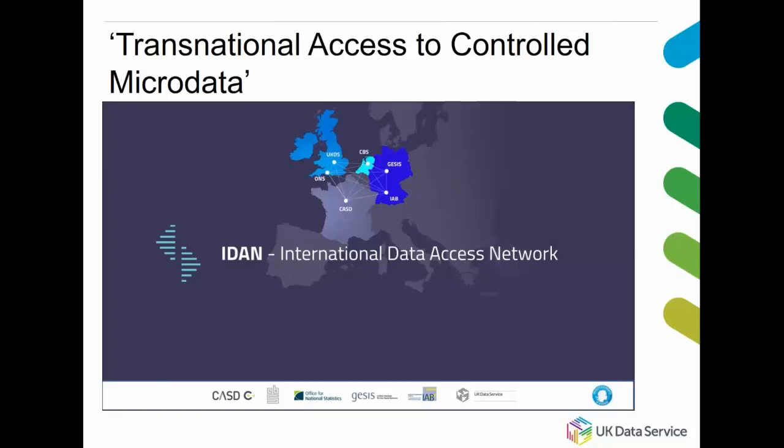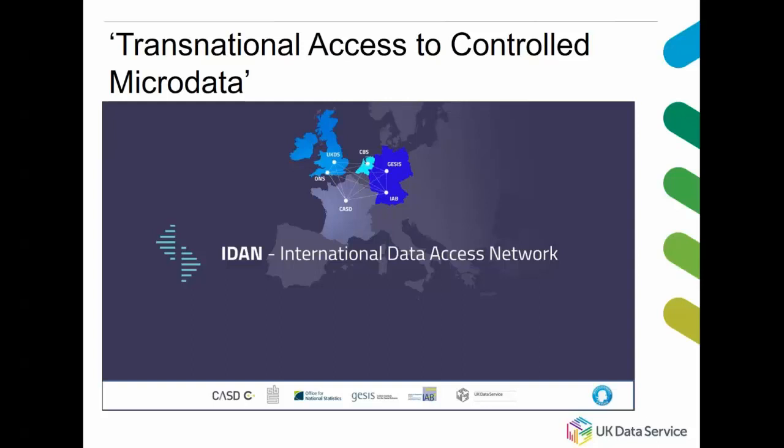I'm very pleased to say that this is due to our involvement in the International Data Access Network, IDAN, which was founded in 2018, and it is part of our project Transnational Access to Controlled Microdata. The next step will be to provide access to CBS data, so the National Statistical Institute of the Netherlands.